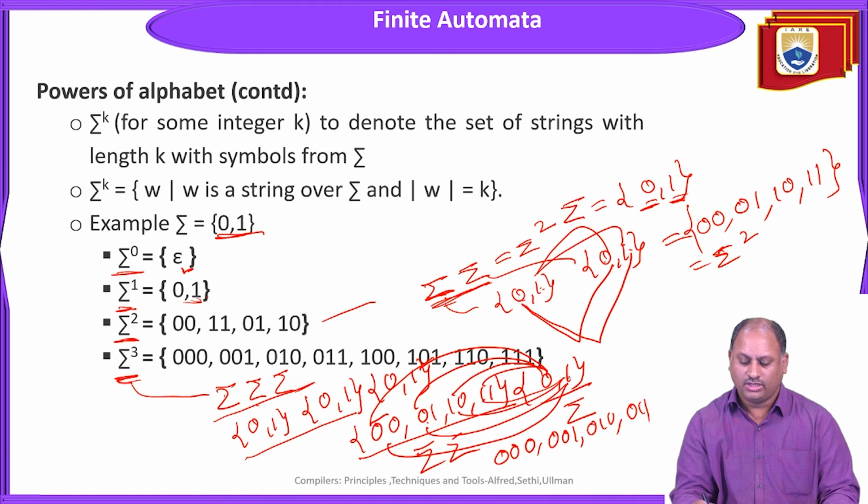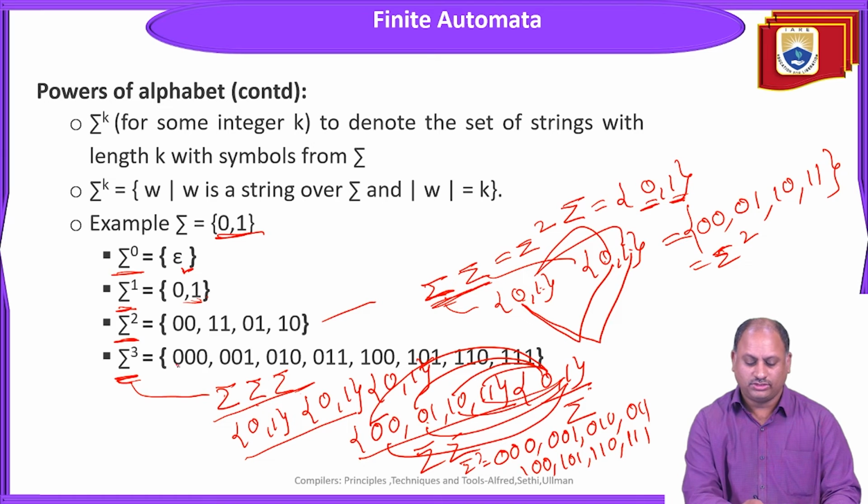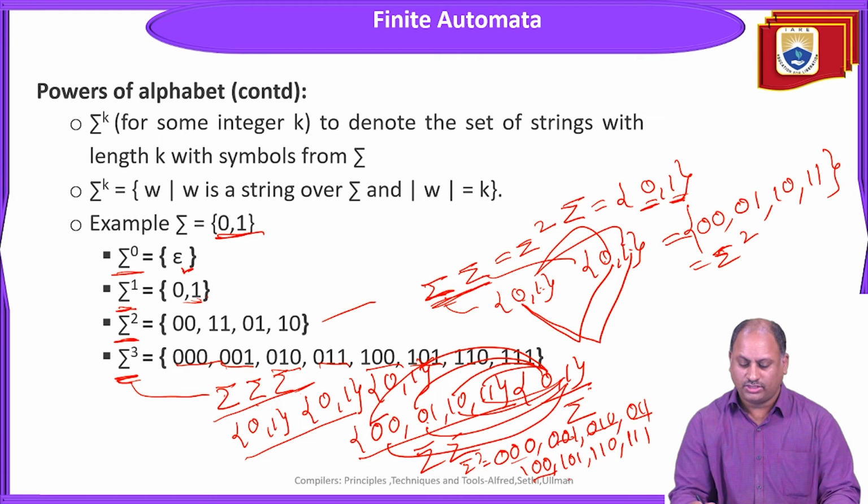With the other combination we are getting 1, 0, 0, 1, 0, 1, 1, 1, 0, 1, 1, 1. So what is the resultant here? Sigma power 3 is equal to this set of strings of length 3: 0, 0, 0, 0, 0, 1, 0, 1, 0, 0, 1, 1, 1, 0, 0, 1, 0, 1, 1, 1, 0, 1, 1, 1.